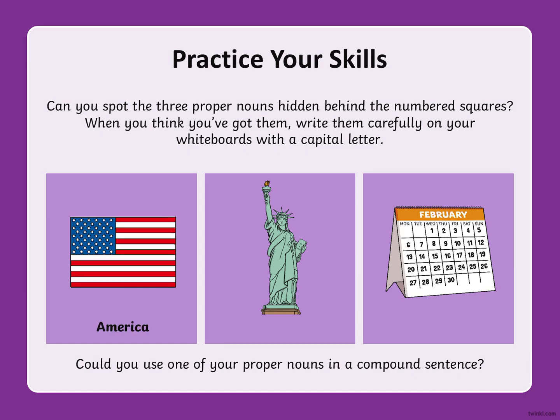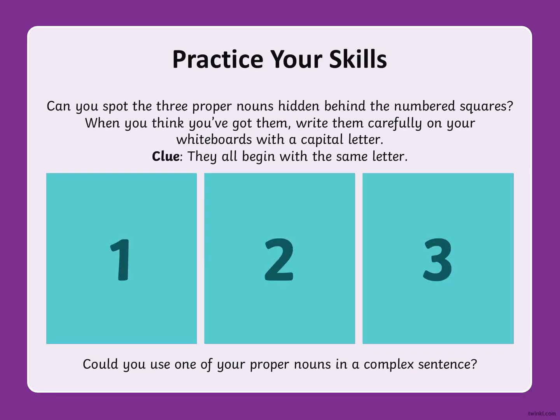We've got America with a capital. Statue of Liberty. Of doesn't need a capital, just Statue and Liberty. And February. So again, if you're hot, you might want to go on and have a go at writing a sentence using one of these proper nouns. Okay, and if you are doing that, just pause the video until you've finished it.